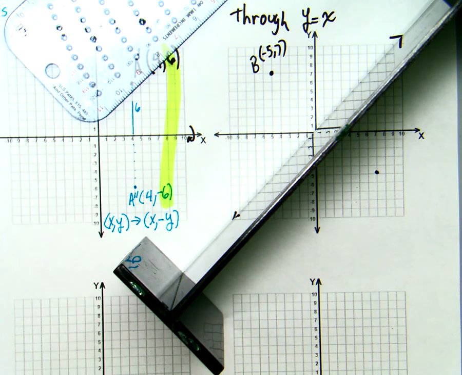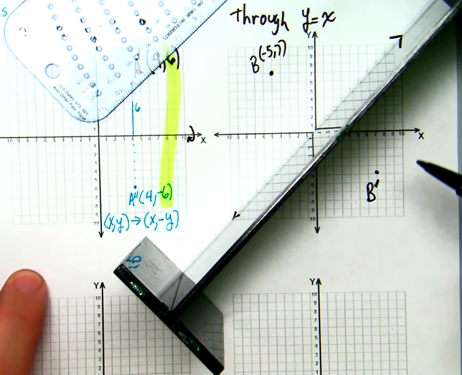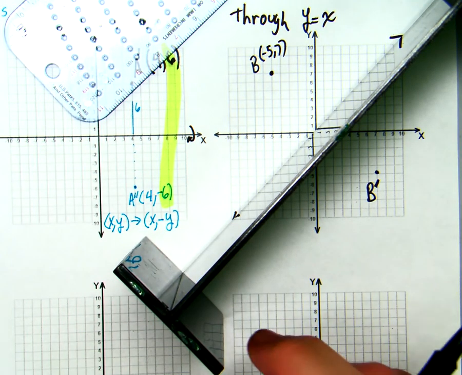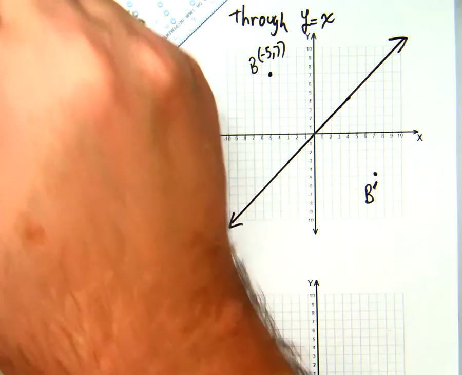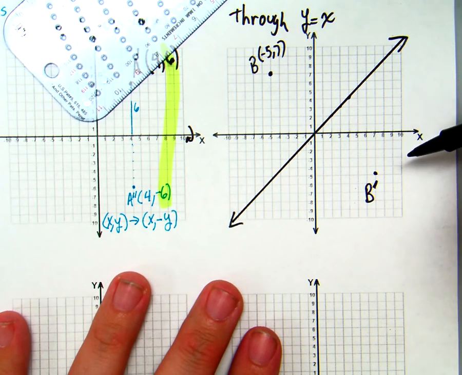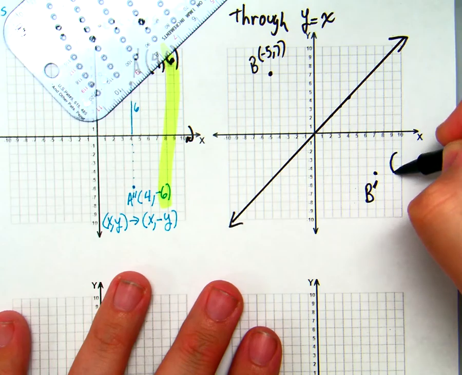All right, so using the georeflector, I was able to get B prime. So go ahead and find your B prime there.